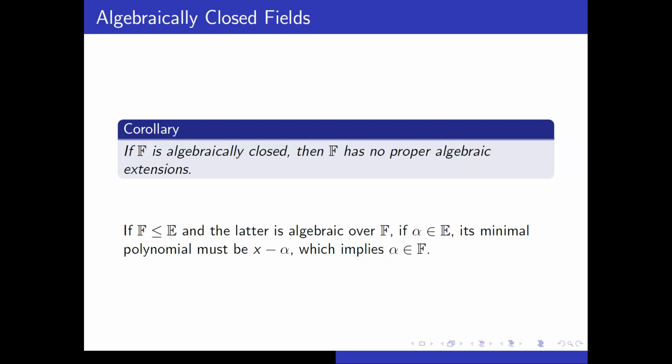Minimal polynomials are irreducible. F is algebraically closed, so its irreducible polynomial has to be x minus alpha. So this has to be a polynomial with F coefficients. Well, that does it. If this has F coefficients and alpha is one of those coefficients, alpha is in F. And that's it.